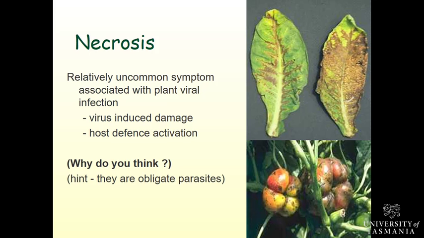It's the good hosts that replicate it normally and don't get killed, and then it sometimes gets into some hosts and it does kill them. Obviously that's a dead end host for it, but for the agriculturalist that's pretty nasty because you can have your plants dead. Tomato spotted wilt virus can kill tomatoes, for example. It's a very nasty disease of tomatoes and capsicums worldwide, and particularly in Queensland here. It's not necessarily its preferred host, but it's just a pretty good one at knocking them off.